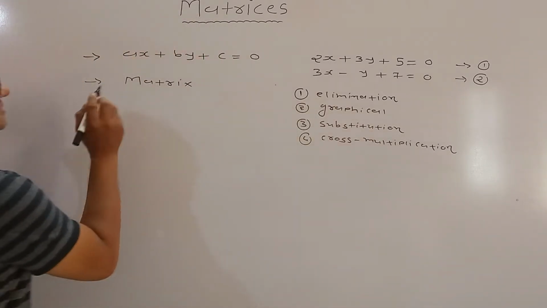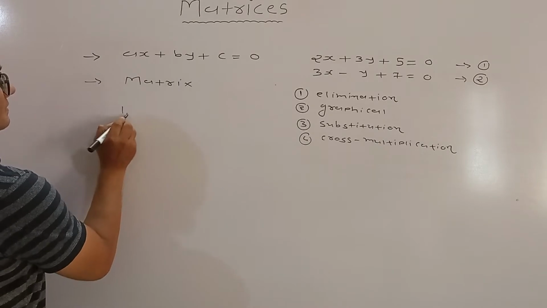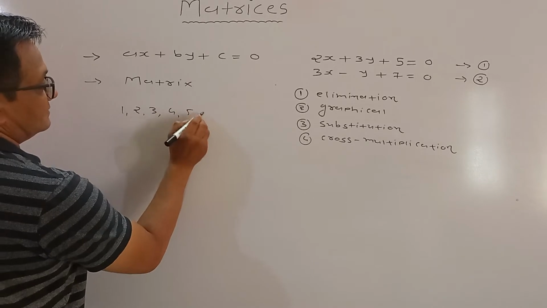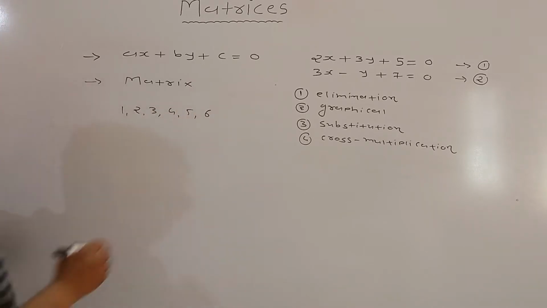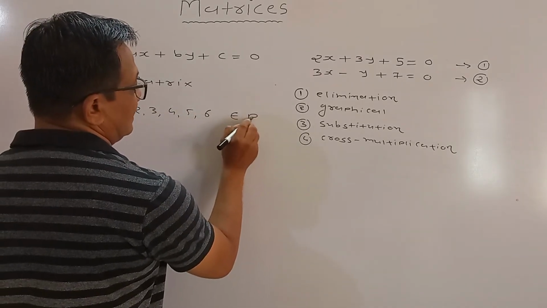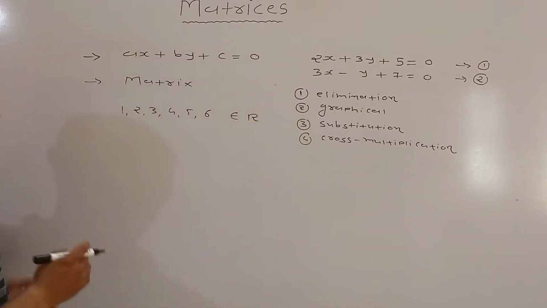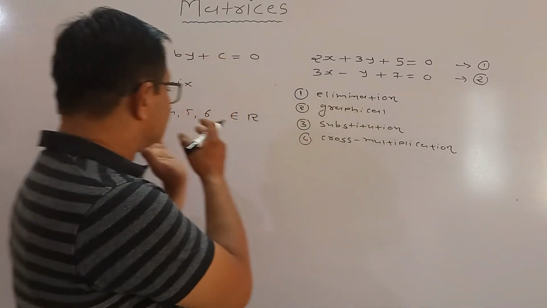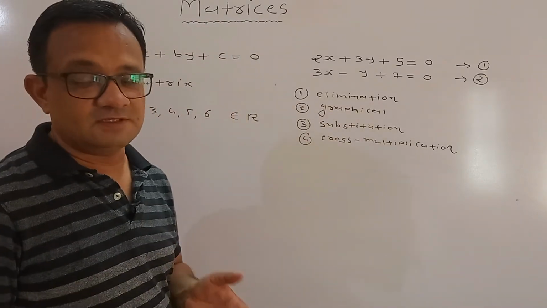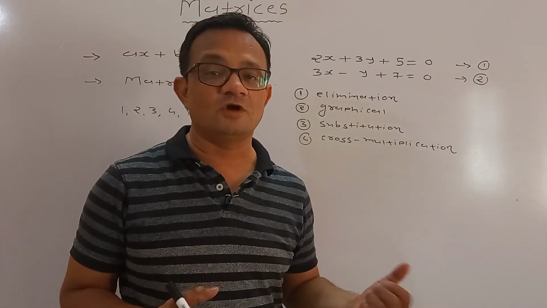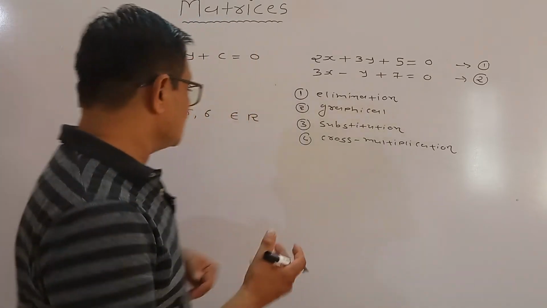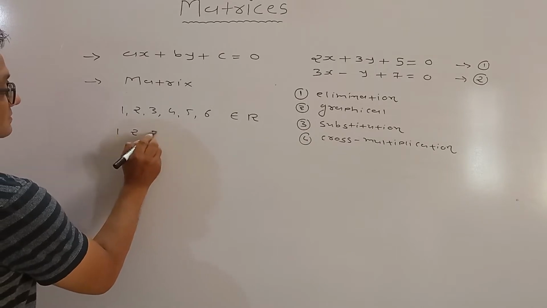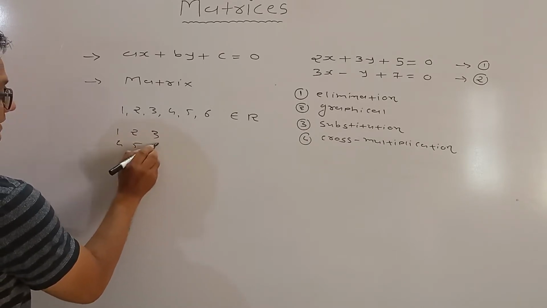Now let 1, 2, 3, 4, 5 and 6 belong to R, the real numbers. Now I have to arrange these 6 numbers in the form of rows and columns.